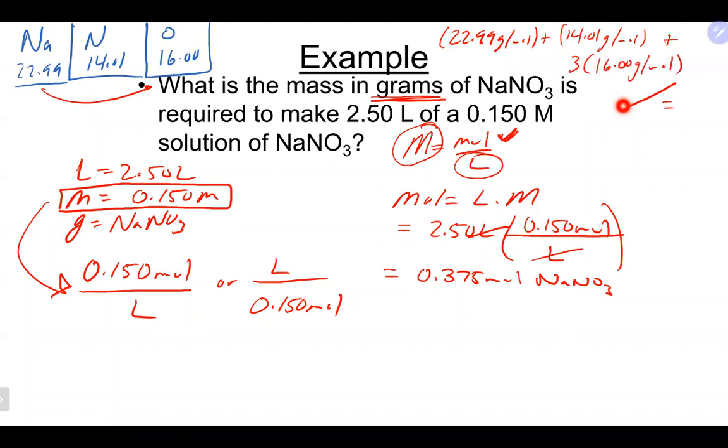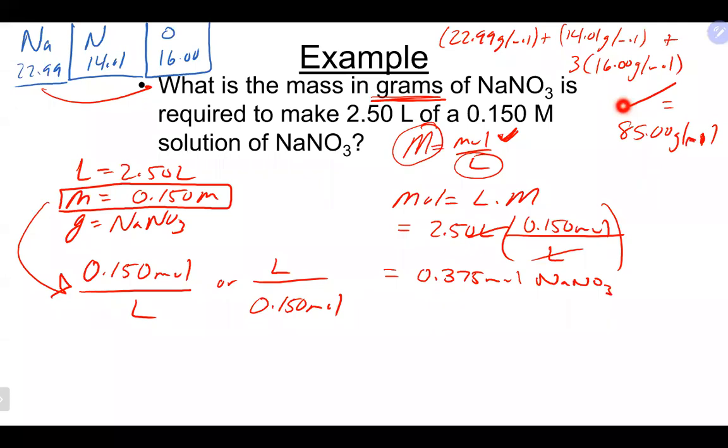Adding up all those parts, 22.99 plus 14.01 plus 3 times 16, looks like 85 grams per mole.